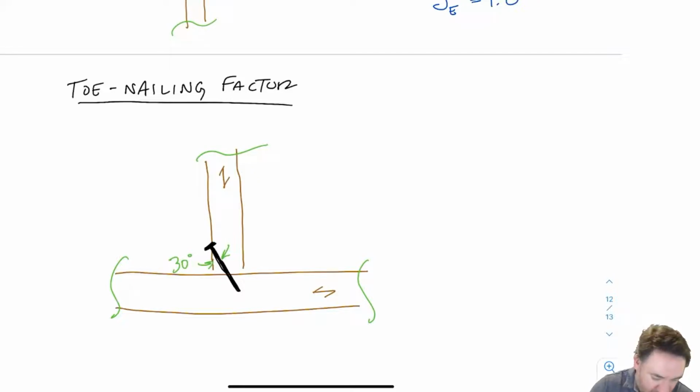The other requirement is on length. If I call my total nail length L, then 1/3 of L has to be in the top piece, and basically the rest embedded in the bottom piece. It's not going to be 2/3 vertically because of the 30-degree angle.